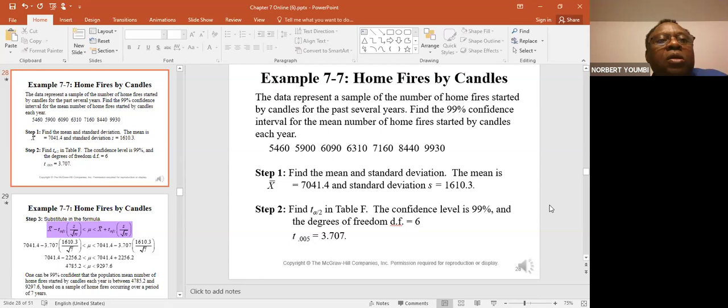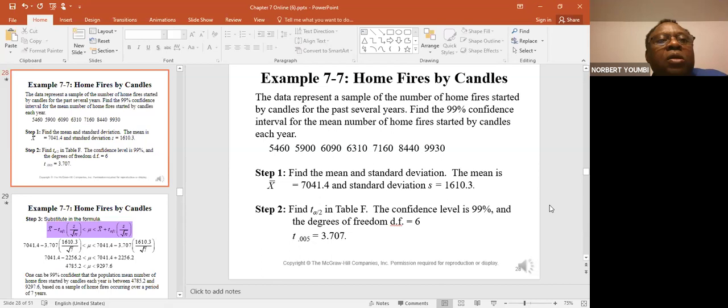Here we have data. We can use a calculator or any other means to find the mean and the standard deviation. If you have a TI-83 or TI-84 calculator, you can use it by going to Stat, Edit, and entering these values into L1.